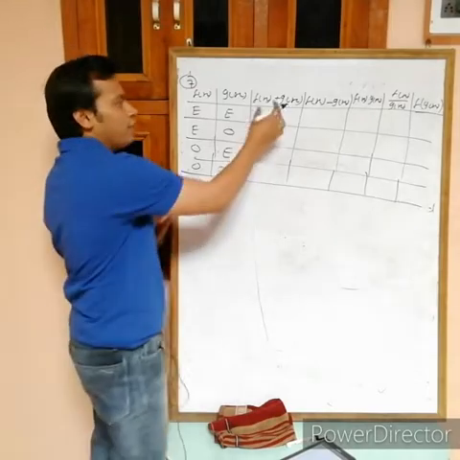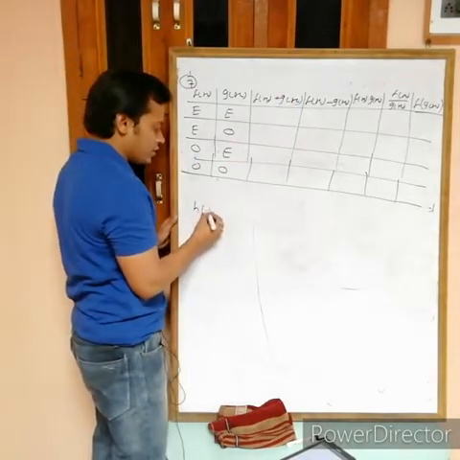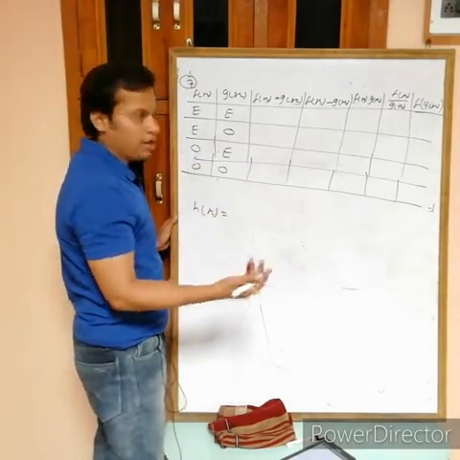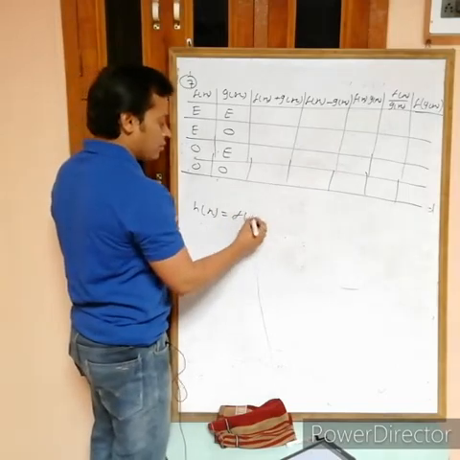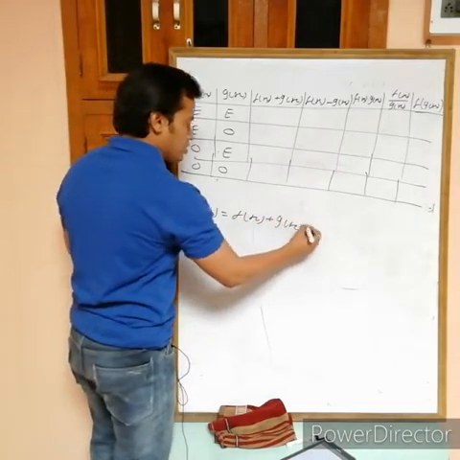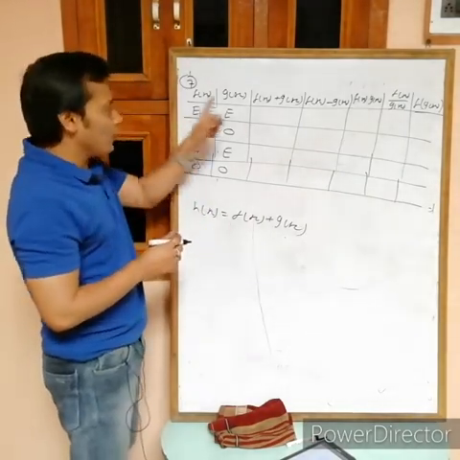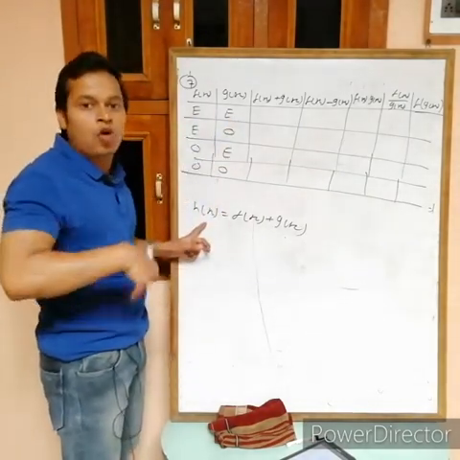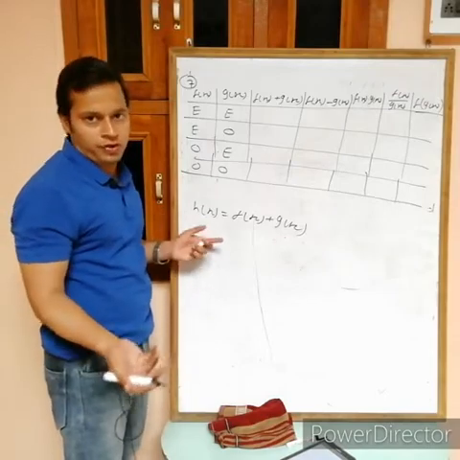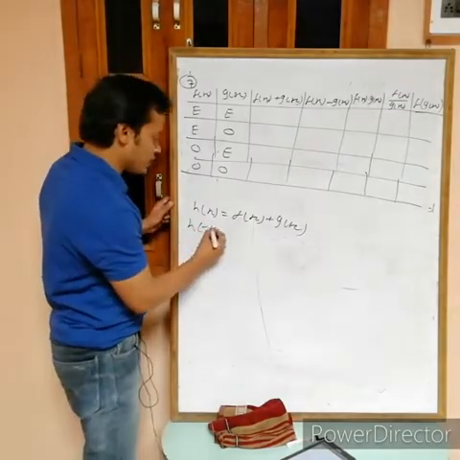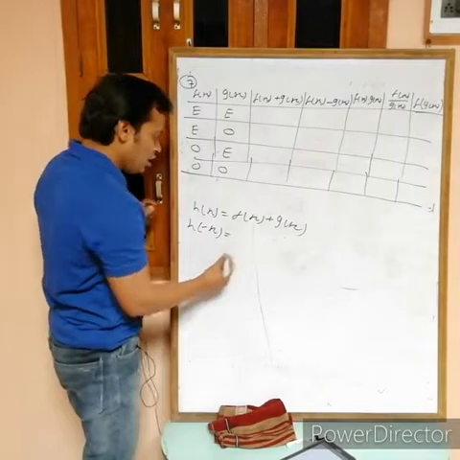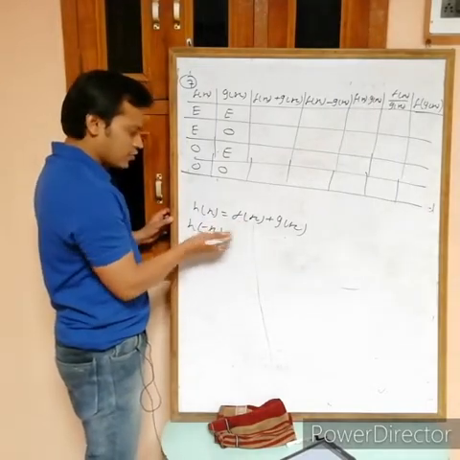Okay, so see, if you want to check for this one, then I am considering this one as h(x), another new function, the sum of two functions f(x) plus g(x). Suppose this equals h(x). Now I want to identify that if both are even, then this one is even, odd, or neither even nor odd, because it is also possible. So first find h of minus x. Replace x with minus x.